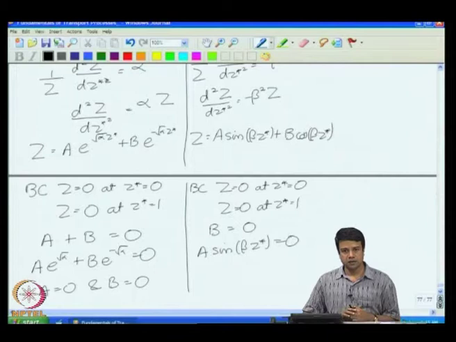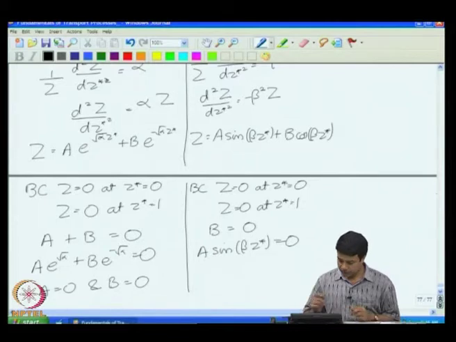But wait, there is another possibility, and that is that sine of beta z star is equal to 0. If sine of beta z star is equal to 0, then the boundary condition is satisfied. But for that, I require beta to take specific values.